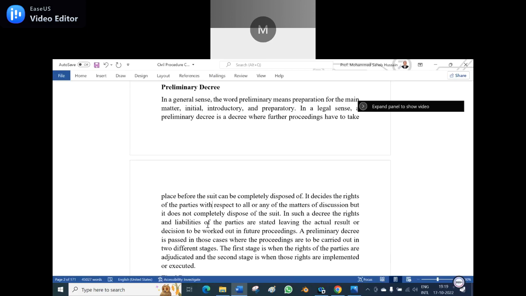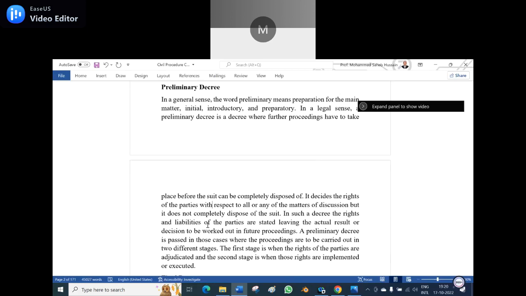So it does not completely dispose of the suit. It is not the disposal of the suit. It is primarily relief that will be given. In such a decree, the rights and liabilities of the parties are stated, leaving the actual result or decision to be worked out in future proceedings.